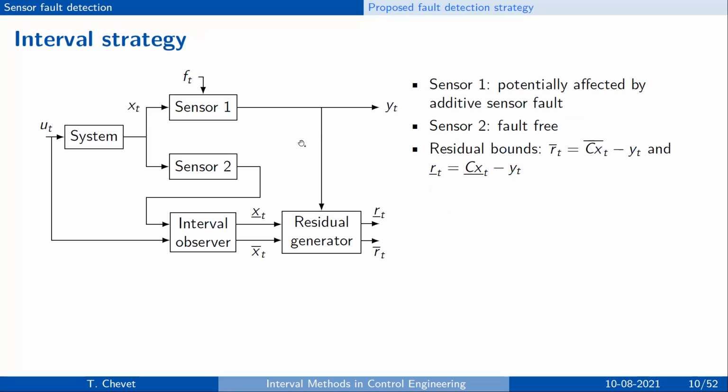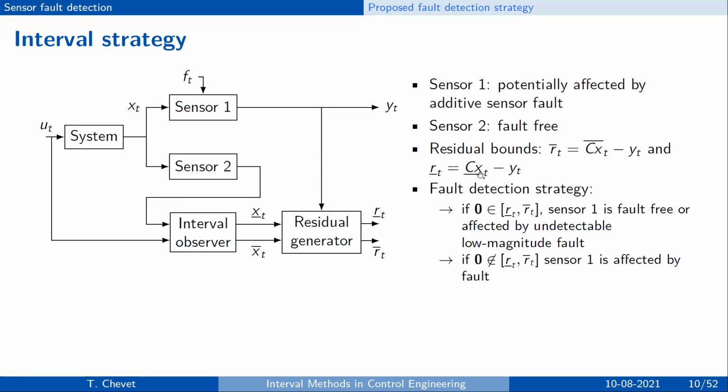But here we consider an interval strategy where we replace the pointwise observer by an interval observer, generating bounds for the residual signal, and then as classically done with these strategies, if zero is in the interval that we just defined, the sensor is fault-free. But if zero is not in the interval, the sensor is affected by a fault.